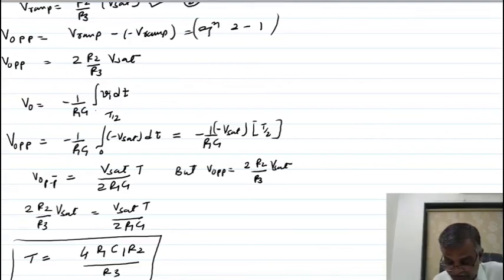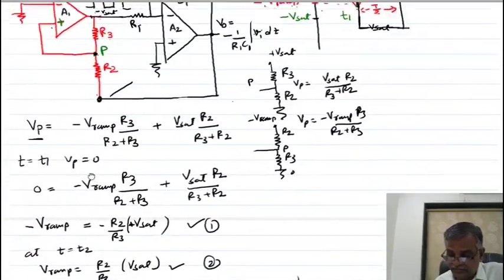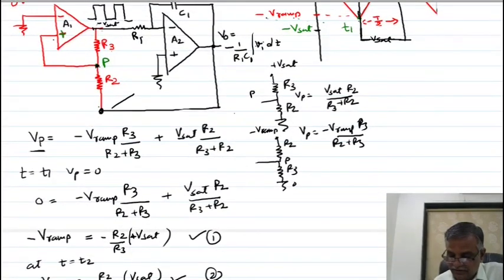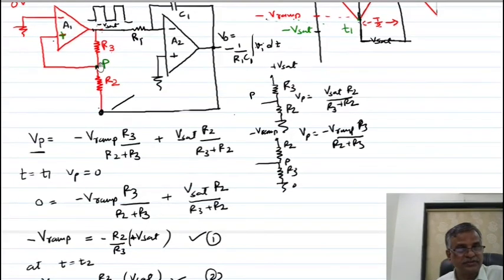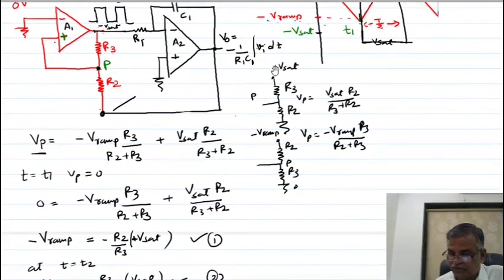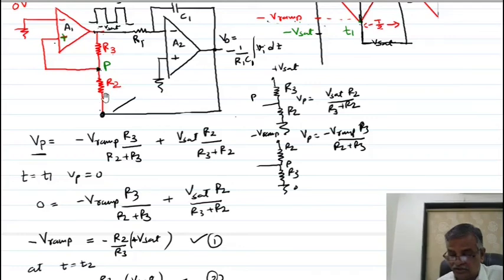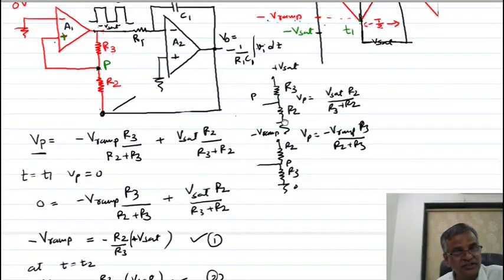Last time I discussed your derivation. See, here I have written the potential at P using the superposition principle. In the superposition principle, here I have taken plus V set and here I have taken 0. One time, what have I taken? 0.